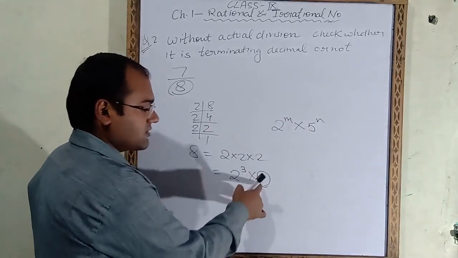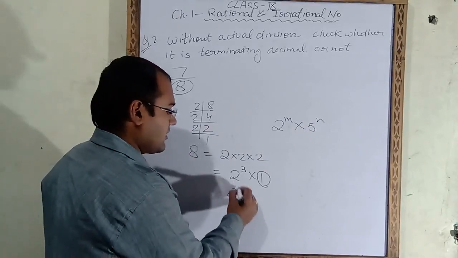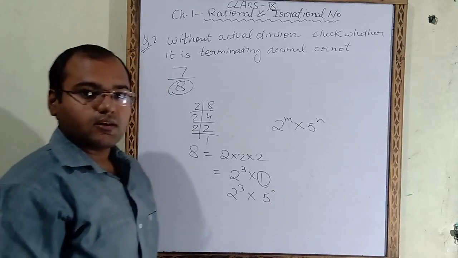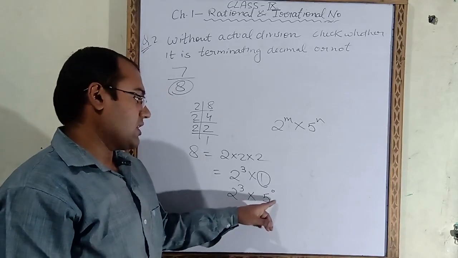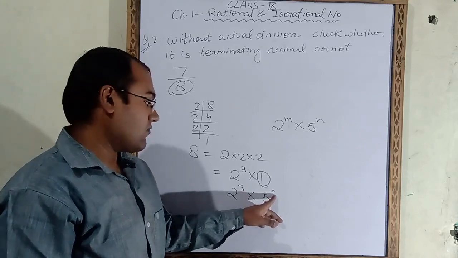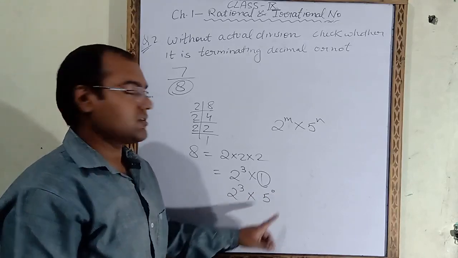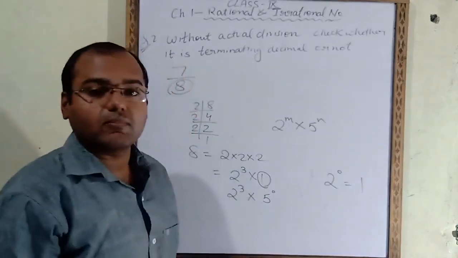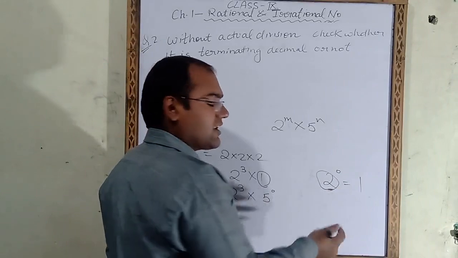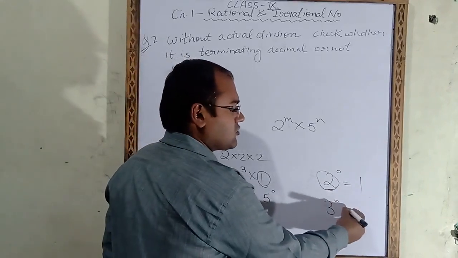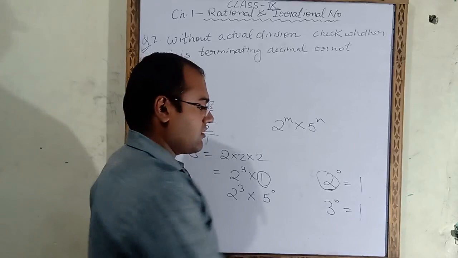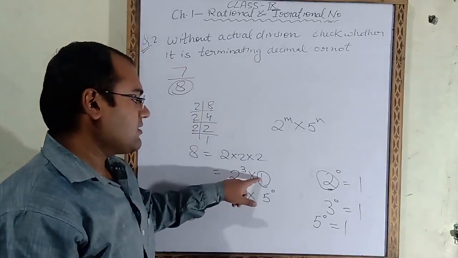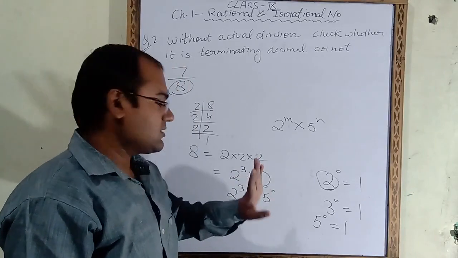We can write here 5 raised to the power 0. If the power of any number is 0, then the answer of that number is 1. The base can be any number, we can take 3 also. 3 raised to the power 0, final answer will be 1. Similarly 5 raised to the power 0, answer will be 1. So instead of 1 we will take here 5 raised to the power 0.